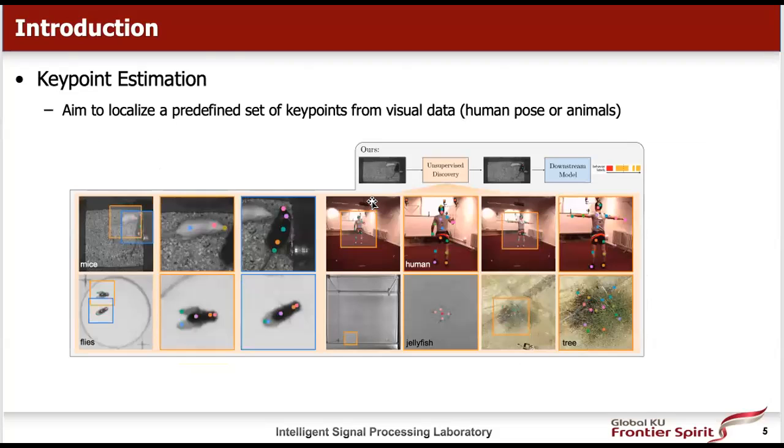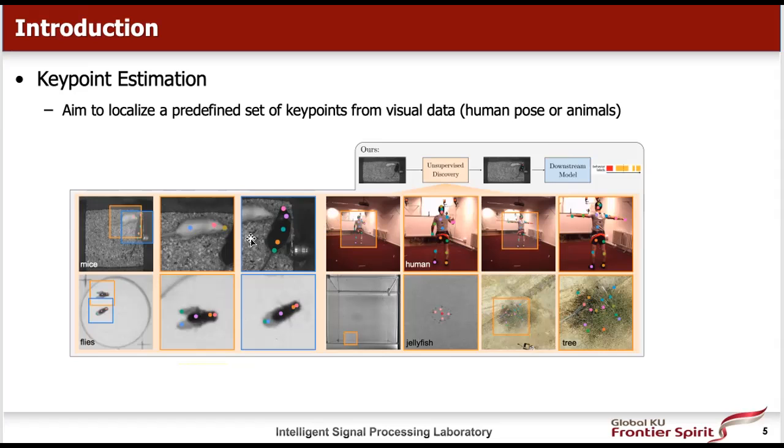And key point estimation tries to localize a predefined set of key points from visual data. For example, the data can come from humans or animals, for example, mice and flies. And here, the figure shows the key points detected from the visual data.